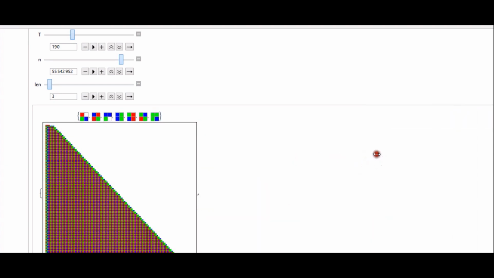Okay. So it looks like this one here, this is something you don't see very much. It seems to be producing these patterns which are quite complicated in a kind of zoomed in way.